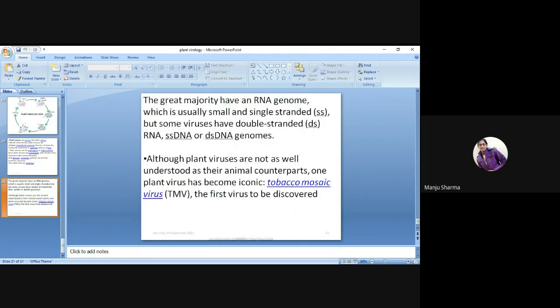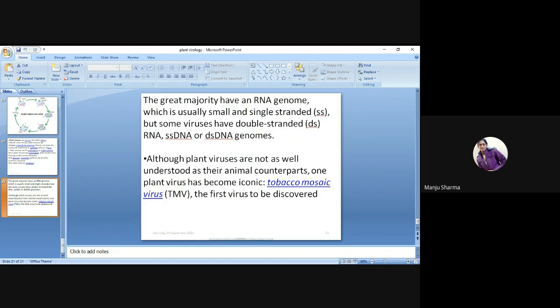The great majority have an RNA genome, which is usually small and single-stranded, but some viruses have double-stranded RNA, single-stranded DNA, or double-stranded DNA genomes.